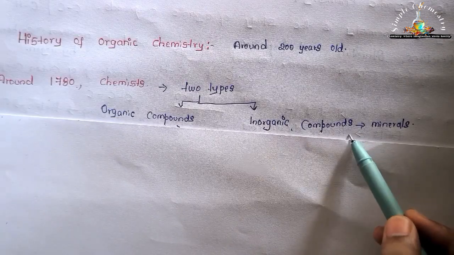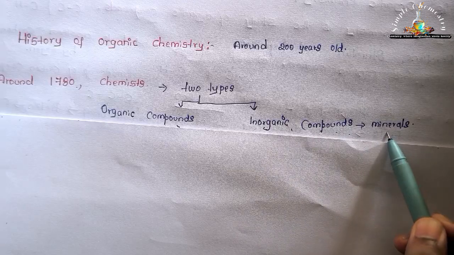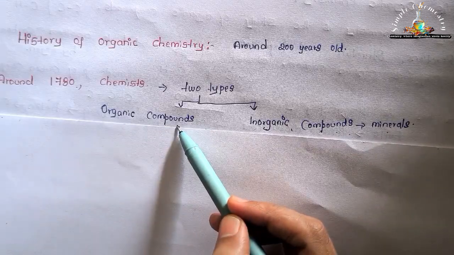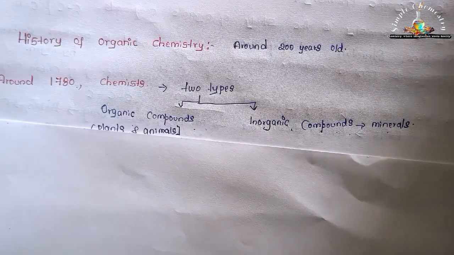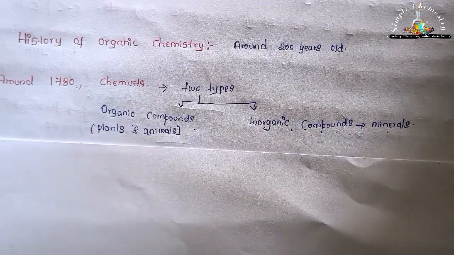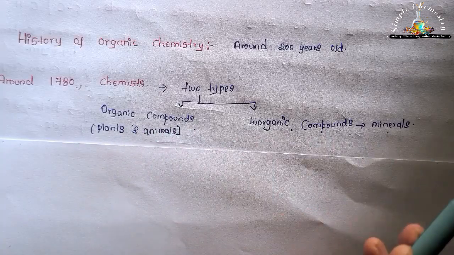The inorganic compounds are obtained from minerals, and organic compounds are obtained from plants and animals. You can say organic compounds are obtained from living things.